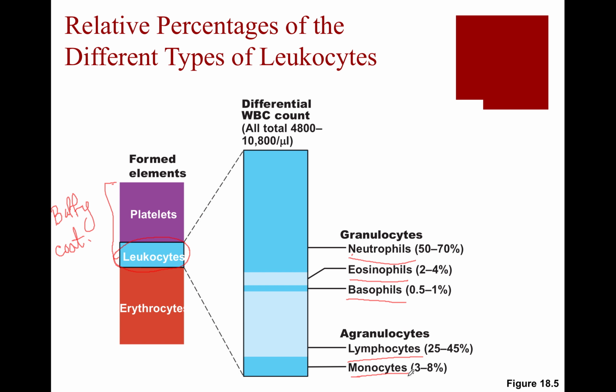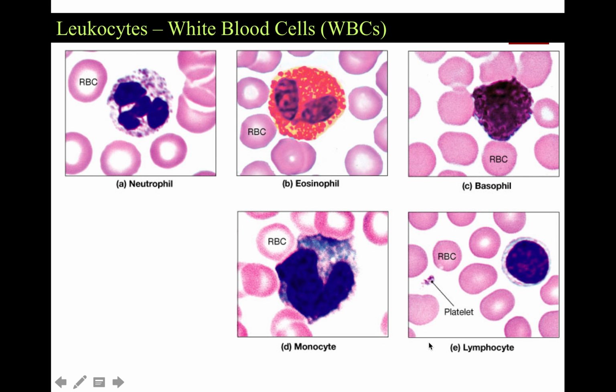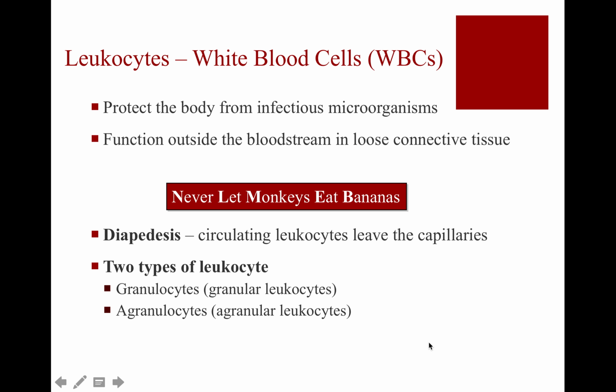And a couple of words should pop out to you as you can see the breakdown for them: granulocytes versus agranulocytes. So what is the difference between these two? Let me go a couple of slides down here, where it describes what granulocytes versus agranulocytes are.